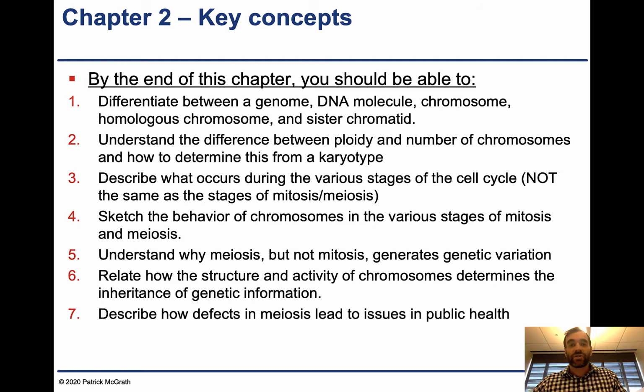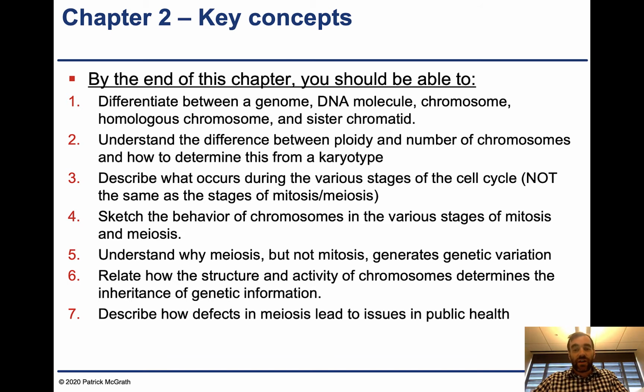A large part of that variation comes from the fact that meiosis creates genetic variability among the gamete cells produced in this process. This is distinguished from mitosis, which results in identical cells that have the same DNA content.